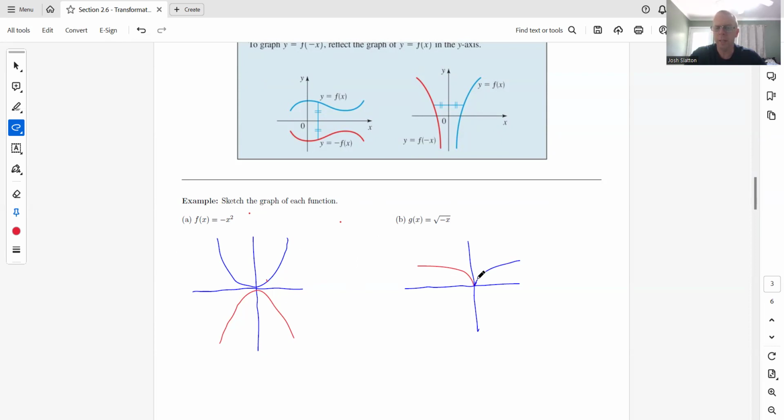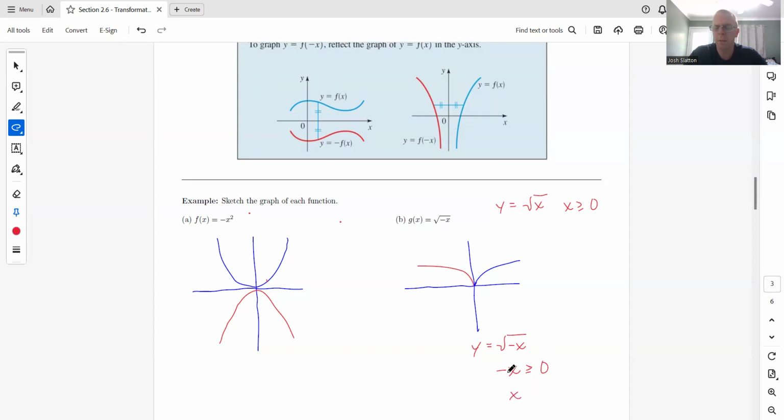So this domain, recall if you have y equals square root of x, what's the domain? It's all non-negative numbers. You set what's under the radical greater than or equal to 0 and solve for x. If we have y equals square root of negative x, now we're going to say negative x has to be greater than or equal to 0.